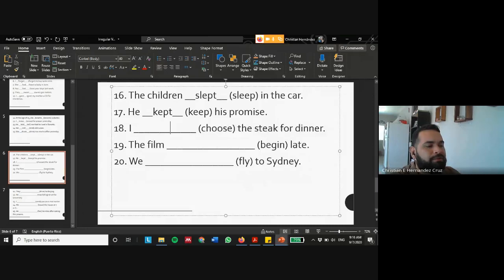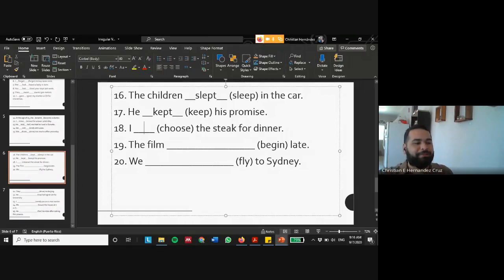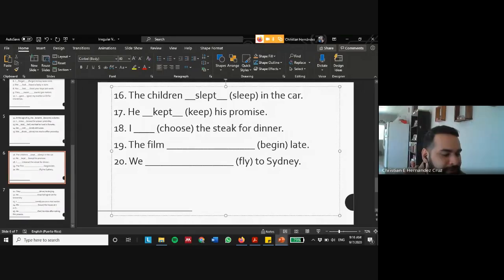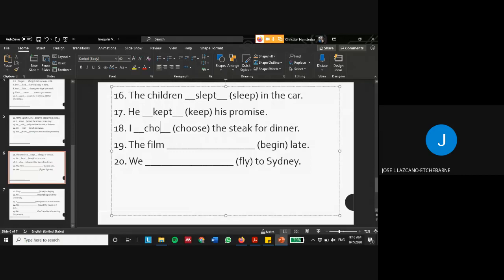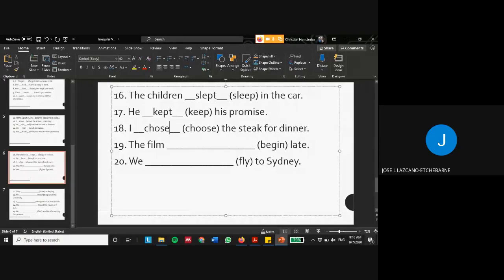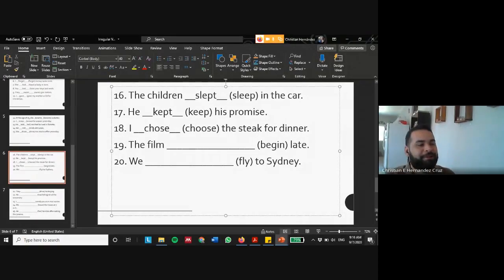I choose the steak for dinner. How do we say chose? And how do we write chose? That's the question. Do we use one or two O's? I think it's one. There you go. Exactly right.